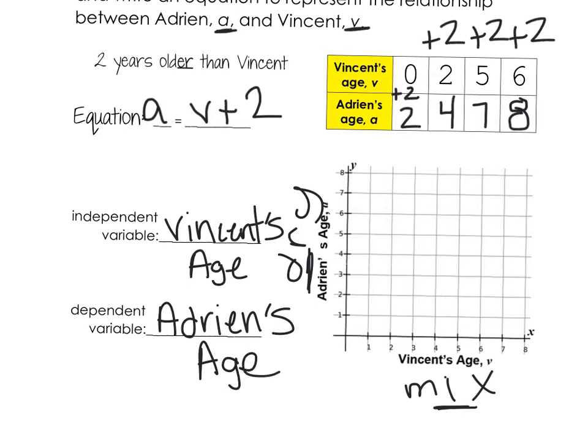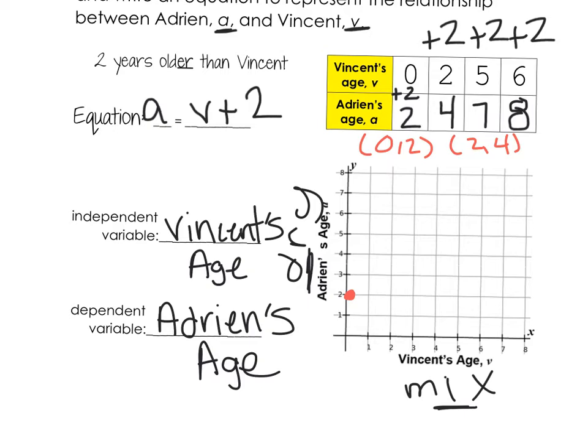Okay, and let's go ahead and graph our numbers here. Remember, we're going to graph 0 and 2, 2 and 4, and so forth, 5 and 7, 6 and 8. So basically what that's saying is when Vincent is 0, Adrian is 2, right? Just like we said before, we want our graph to match our table.